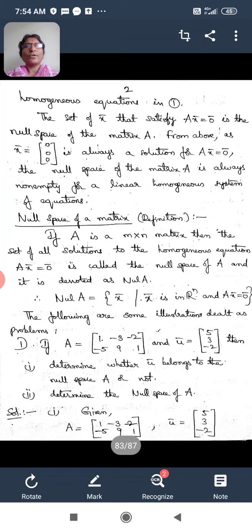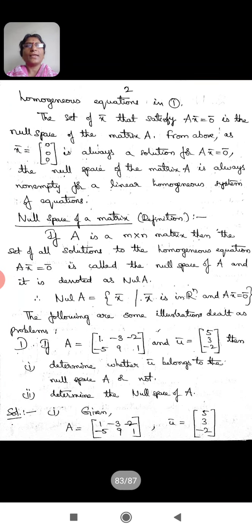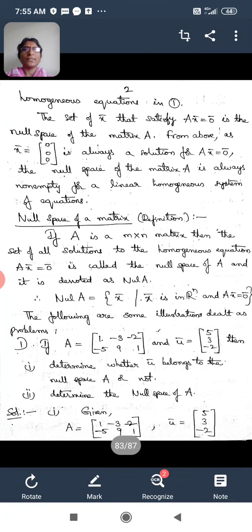That is, the set of x bar that satisfy Ax bar is equal to 0 bar is the null space of the matrix A. That means whatever be the solution sets that satisfy the matrix equation Ax bar is equal to 0 bar, all those solutions taken in a set is called the null space of the matrix A. So the null space of a matrix A is nothing but the set of all solutions satisfying the matrix equation Ax bar is equal to 0 bar.